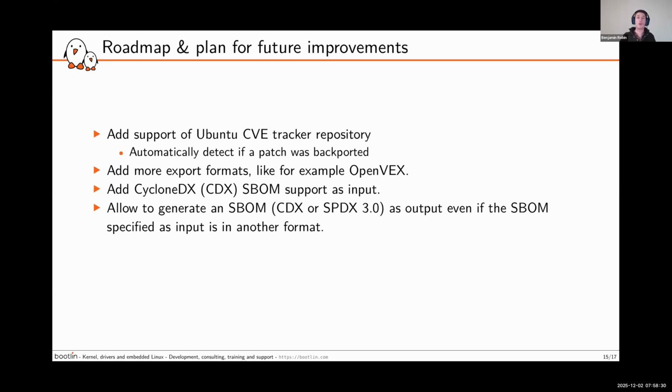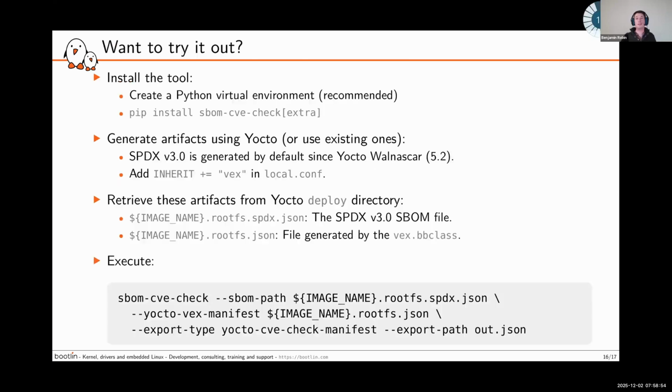We also plan to add more export formats, for example OpenVEX, and also CycloneDX SBOM support as input. In a more distant future, we want to be able to generate an SBOM, CycloneDX or SPDX3, as output, even if the SBOM specified as input is in another format. But this stack is a bit more complex, so this will be done a bit later.